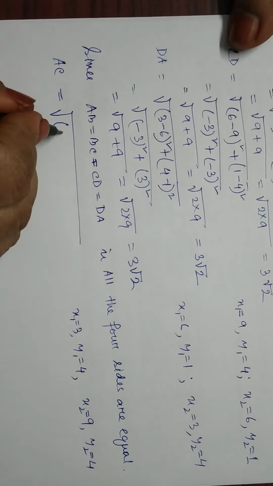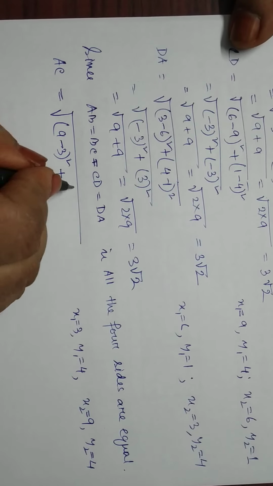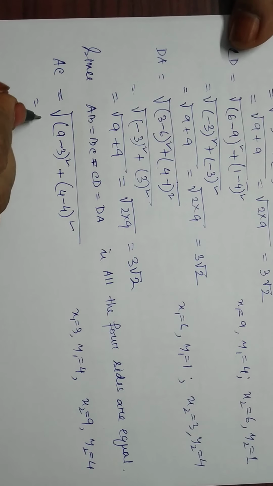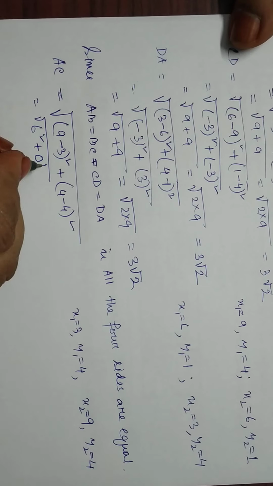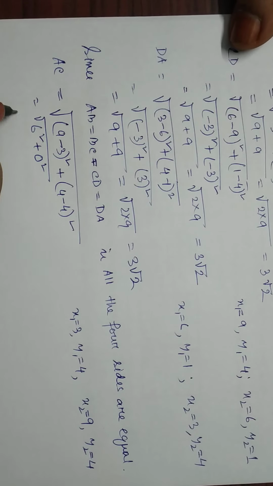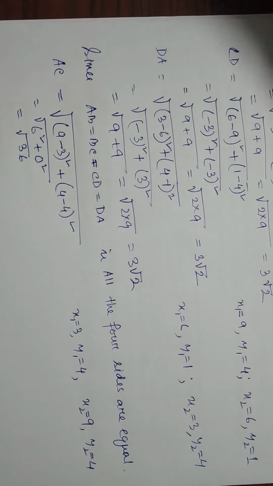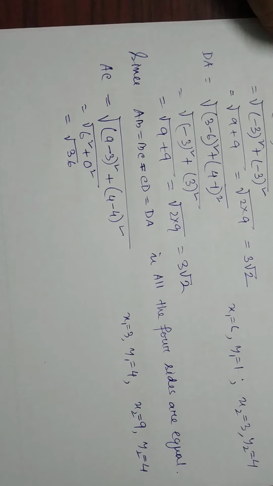Here 9 minus 3 whole square plus 4 minus 4 whole square, which is 6 square plus 0 square. That means root over 36. So AC is 6. Now the other diagonal BD.